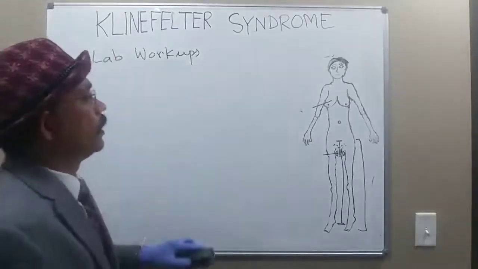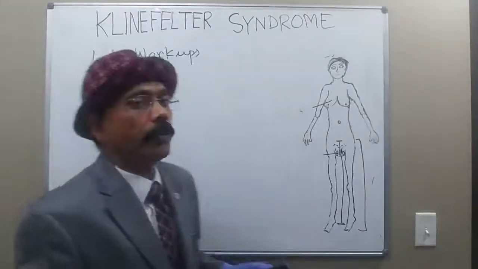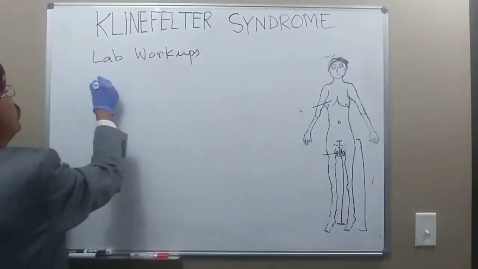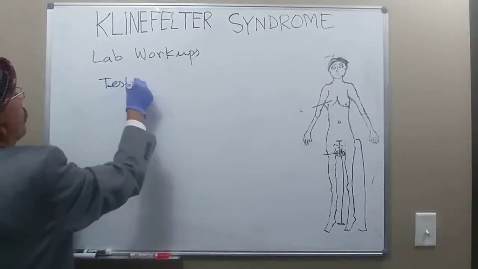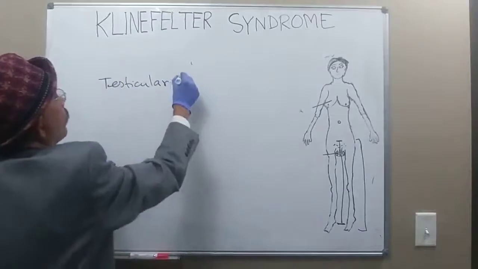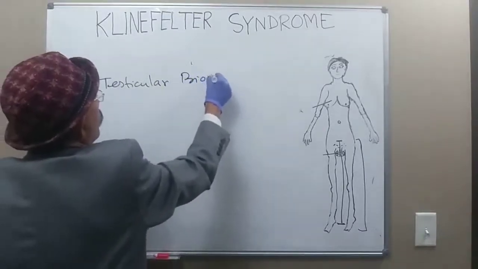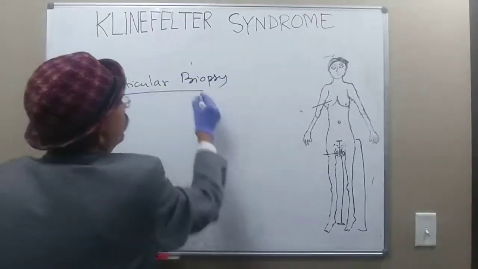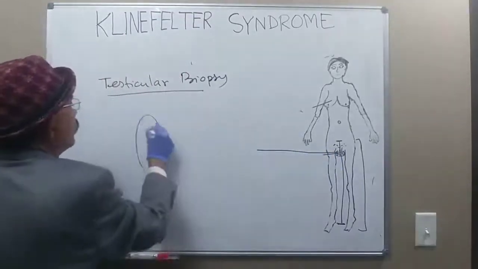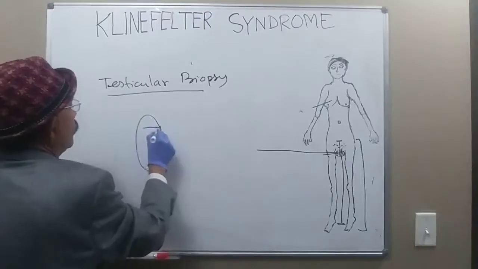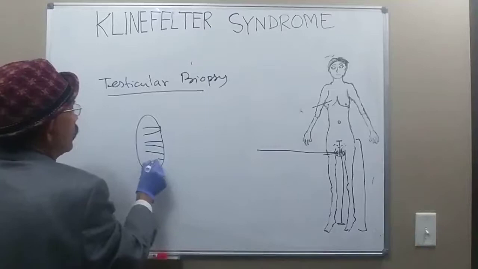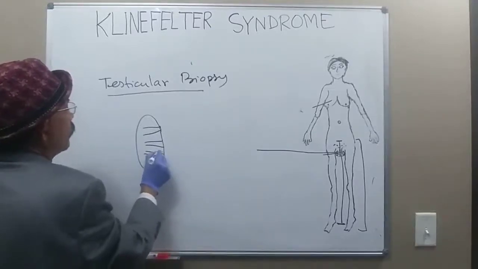Okay, we got that. Now we have to find out the testicular biopsy report. What we'll get in the testis? If we get the testis here, okay, this is the testis. We have the testicular lobules, and that lobule contains seminiferous tubules.